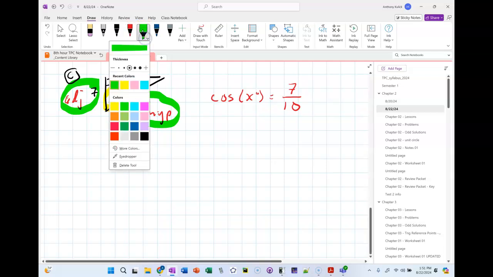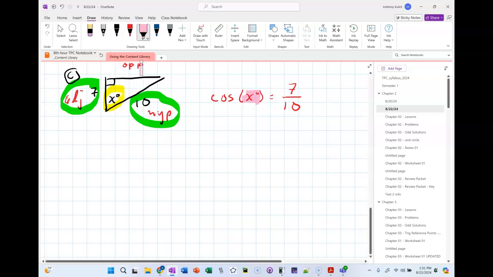So far, so good. Notice that the x is located inside of the cosine, right? Our variable is located inside of the cosine function. What operation is going to cancel out cosine?